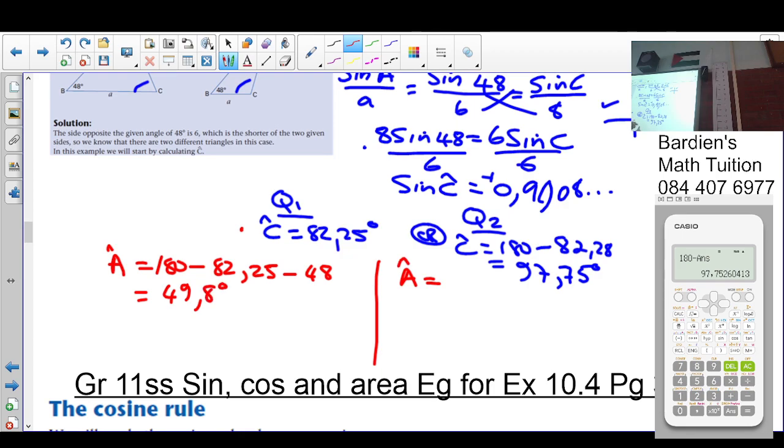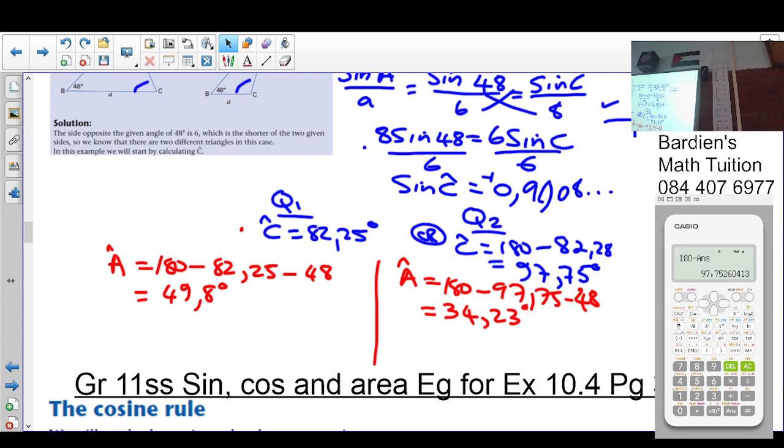Otherwise, it can also be 180 minus 97.75 minus 48, which gives us an angle of 34.23. Do you understand?